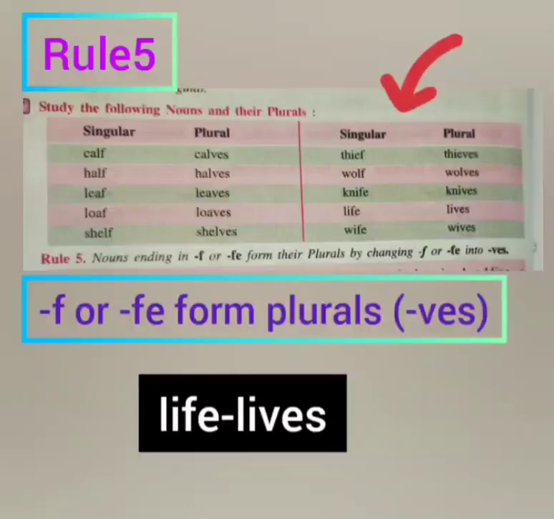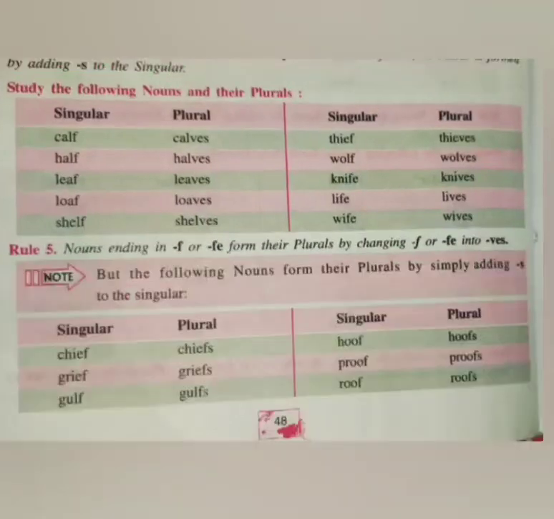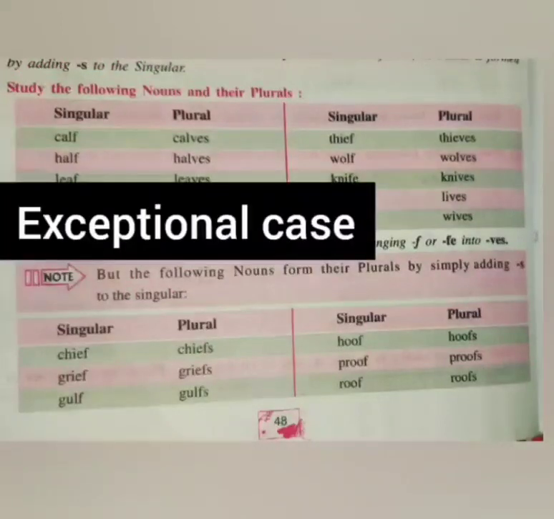So now students, when you know the rules of these things, I hope you can easily change your singular into plurals. But students, now we have some exceptional cases as well. Now we will see that there are some words which are ending with f, but they are not taking ves. Rather, they are taking s at the end, okay?